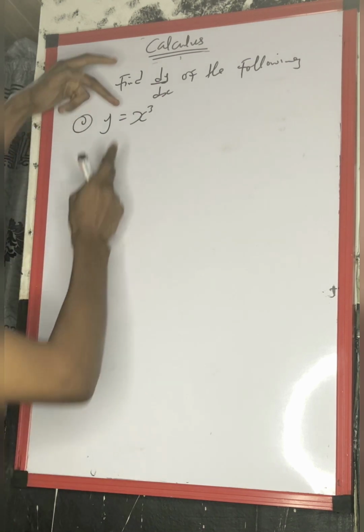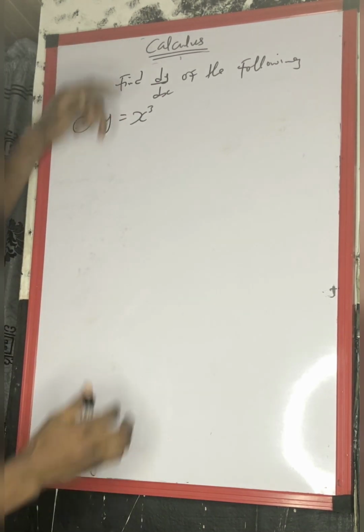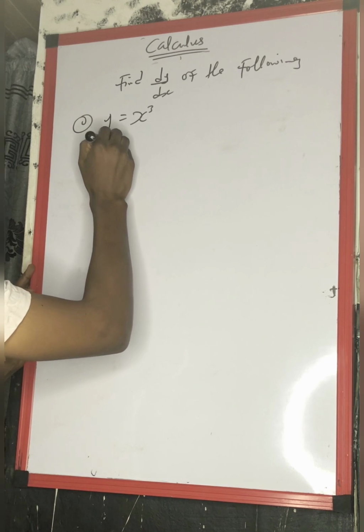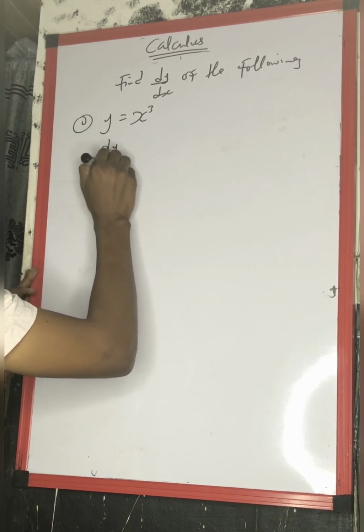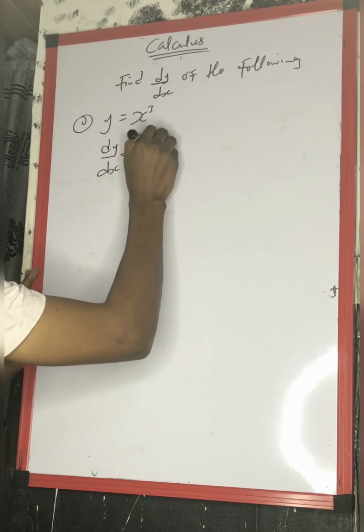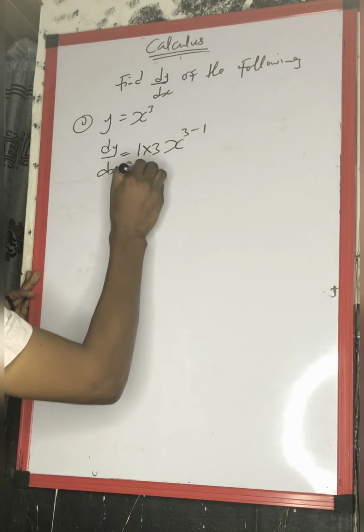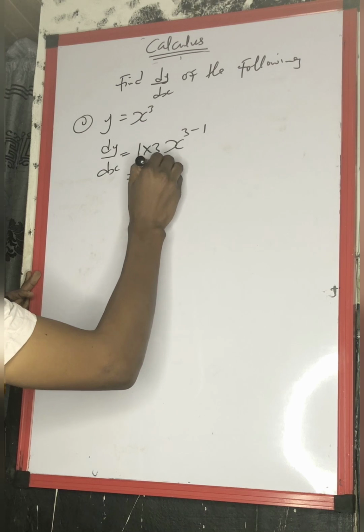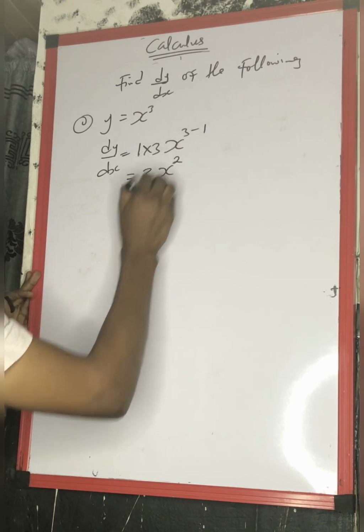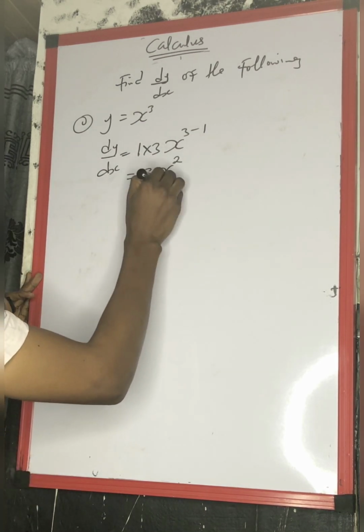Now don't forget, I have an invisible 1 here. So this is the same thing as dy dx equals 1 times 3x^(3-1). So 1 times 3 gives us 3x, and 3 minus 1 gives us 2. So that is for that.